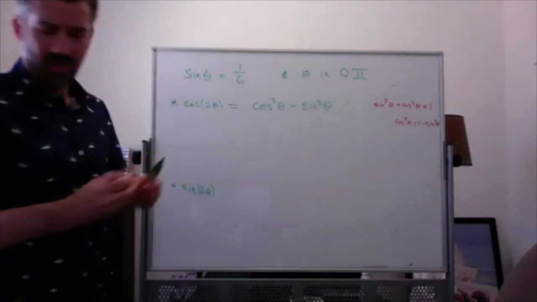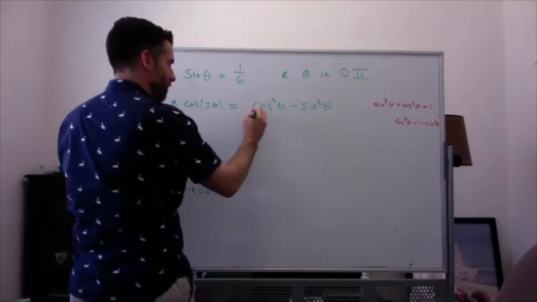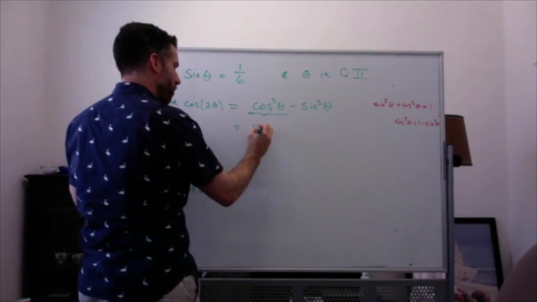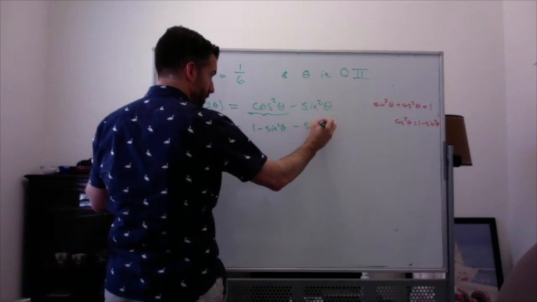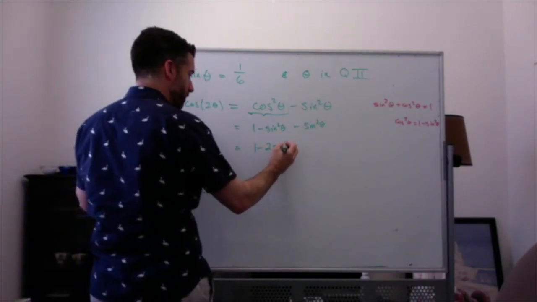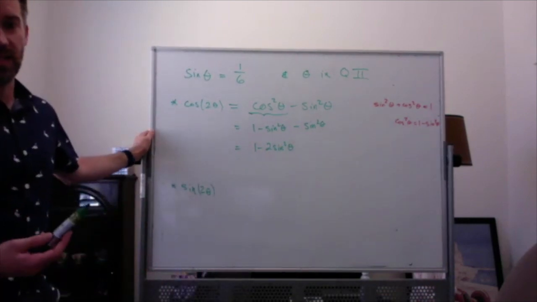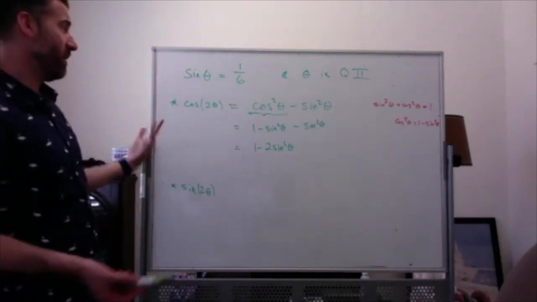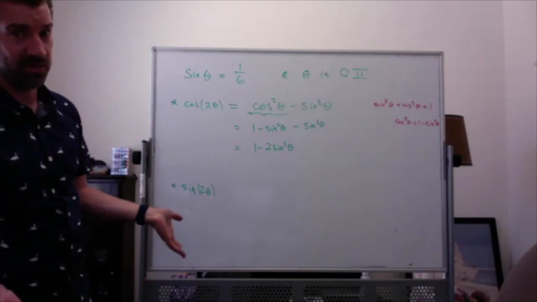Normally I wouldn't replace this with this, but here it actually kind of makes sense. I can replace this with 1 minus sine squared theta to get 1 minus sine squared theta minus sine squared theta, which is equal to 1 minus 2 sine squared theta. So it's kind of nice that you can actually find cosine of 2 theta if you know sine or cosine without having to draw the triangle. You could still totally draw the triangle and it would work out just fine too.